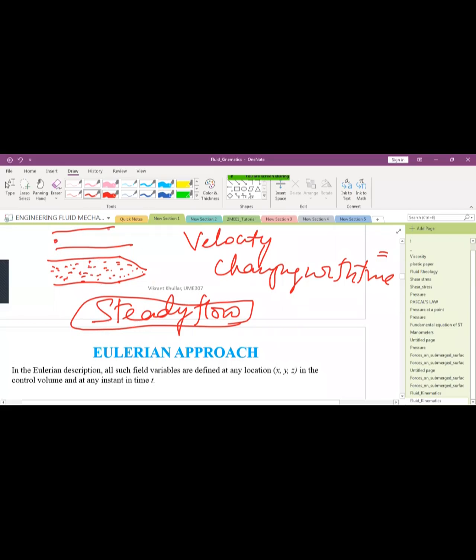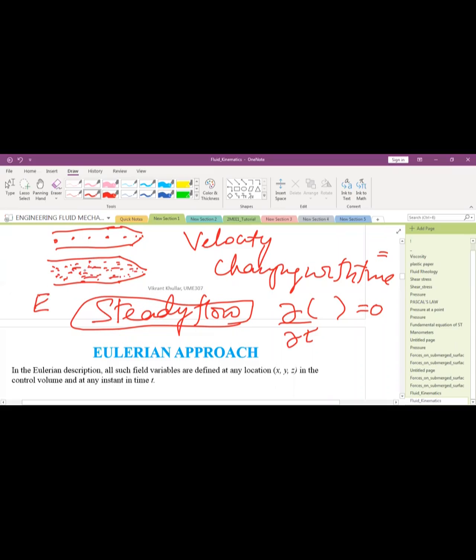Velocity is constant. Velocity is constant with respect to what? With respect to the position. Time. So please remember, कोई चीज steady है इसका मतलब क्या होगा? उसका partial derivative with respect to time क्या होगा हमेशा? Zero.